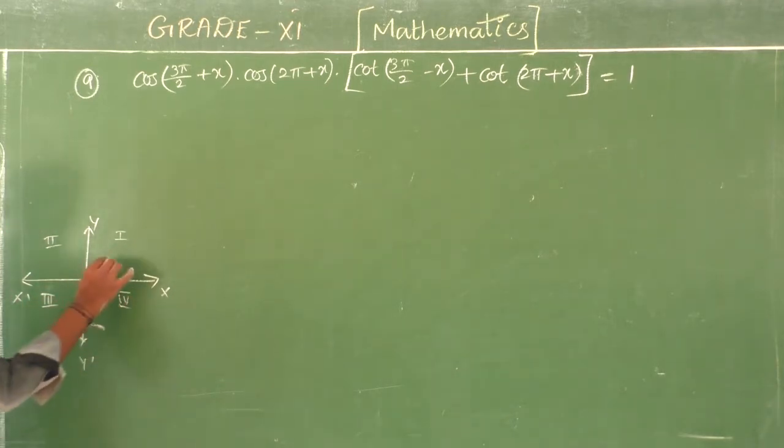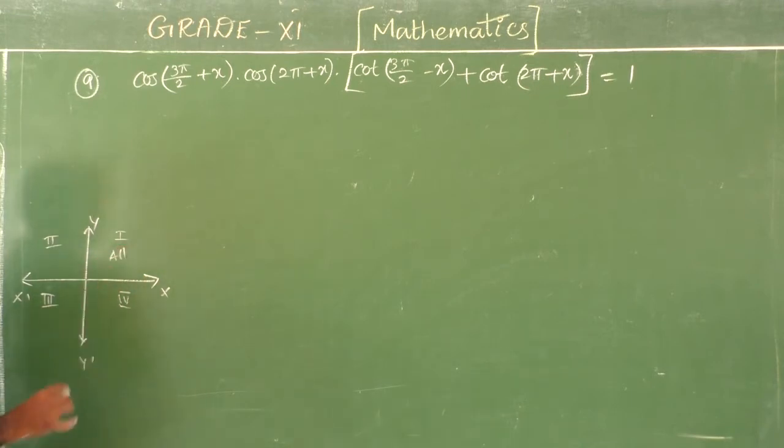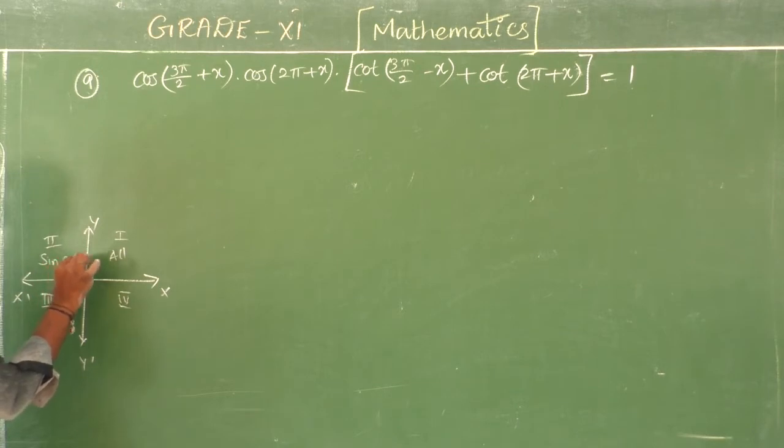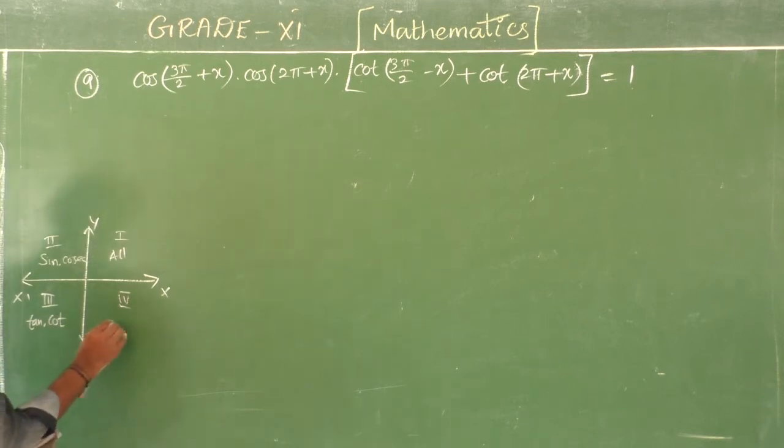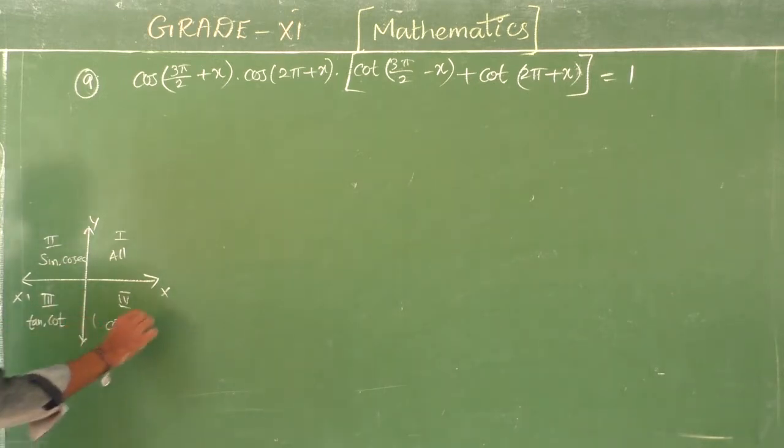In the first quadrant, all are positive. The second is sine and its reciprocal cosecant, which are positive, and the remaining are negative. Then in the third quadrant, tan and its reciprocal cot are positive. Finally, in the fourth quadrant, cos and secant are the only positive ones.